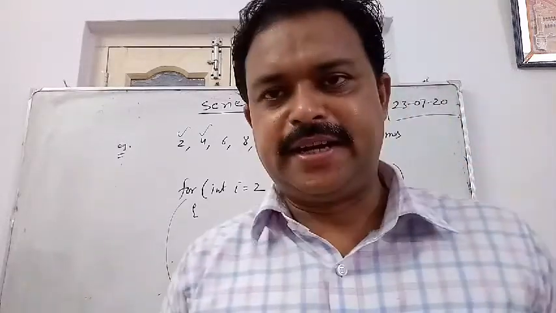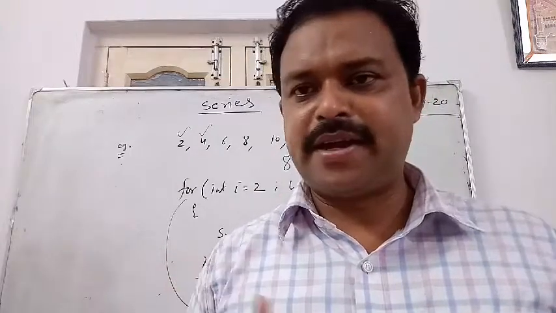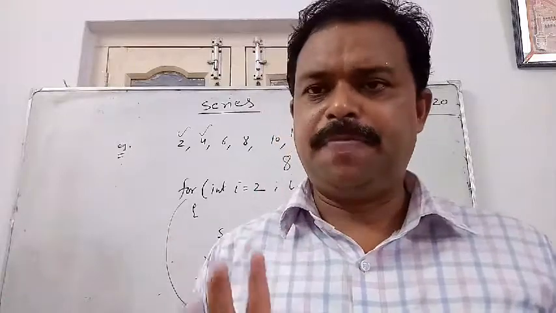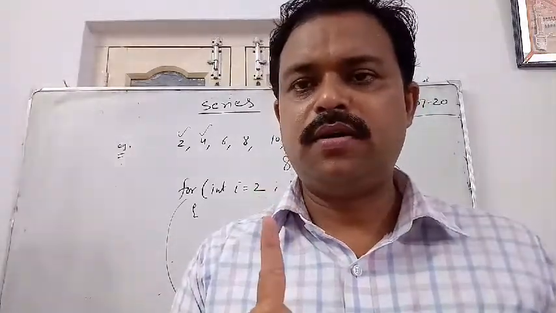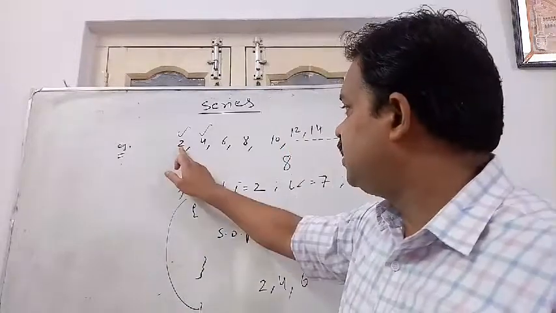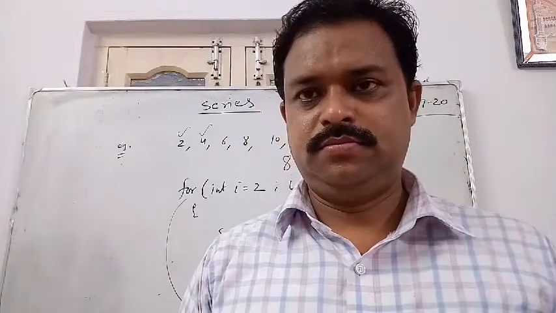So what I mean to say is that in series, my suggestion, otherwise logic may differ: make one loop for number of terms, and for bringing the values 2, 4, 6, 8, take the help of a third variable.